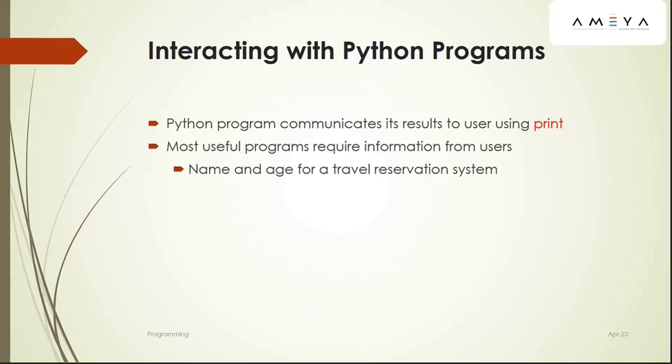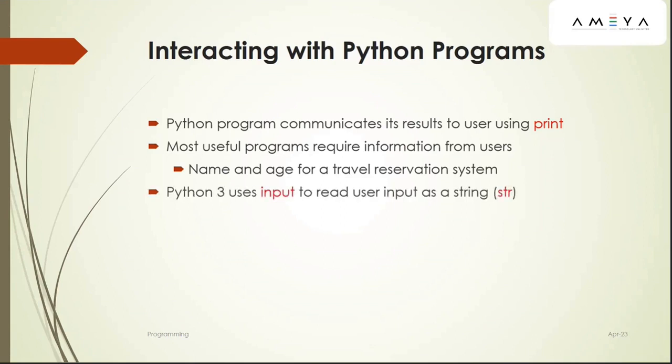All those things I'm going to gather, and I'm going to create variables for the travel reservation system. Once I have planned, I'm going to fix the variables and assign those variables to corresponding values. Then I'm going to create a project called a travel reservation system.